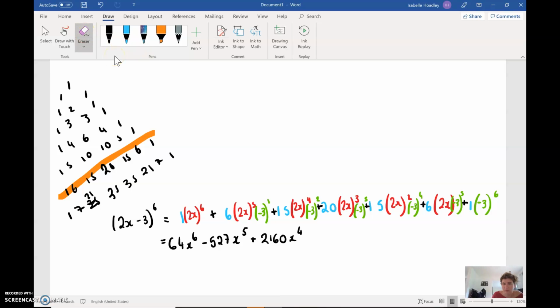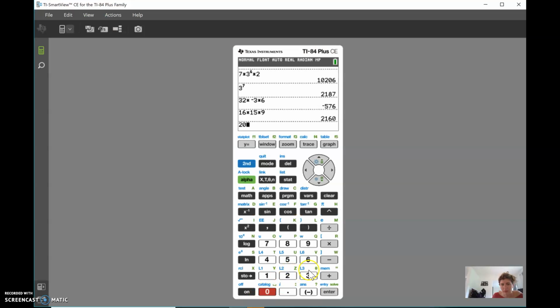This one's got an odd power of 3, so this one's going to be negative. So we're going to have 20 times 8 times 3 to the power of 5.